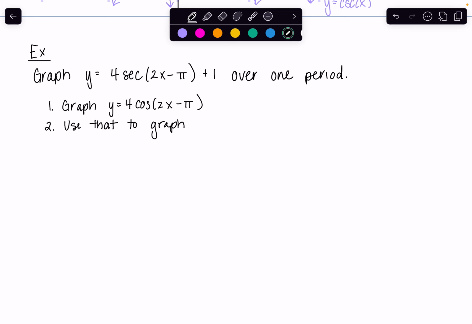So we use that to graph y equals 4 secant of 2x minus pi. Then once I have that graph, remember the very last thing we do, because this is just like addition and subtraction in your order of operations, it's at the end, you take care of it last. Then we go ahead and we're going to shift it up 1 to get the full function we want to graph.